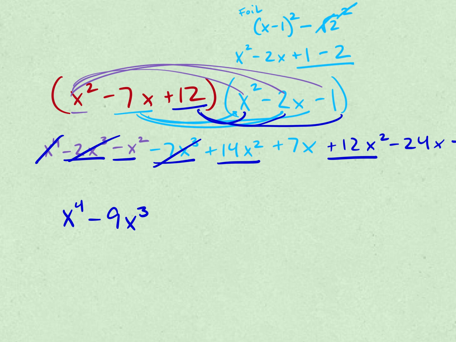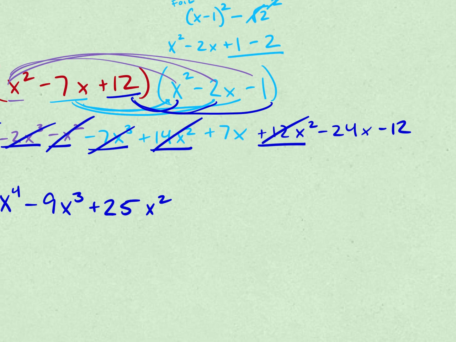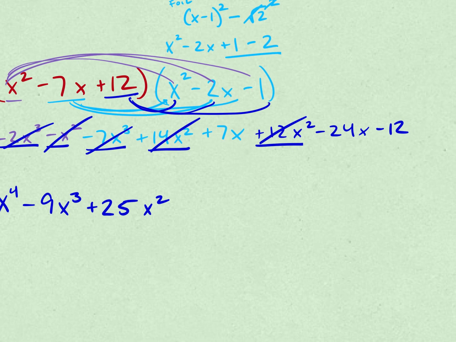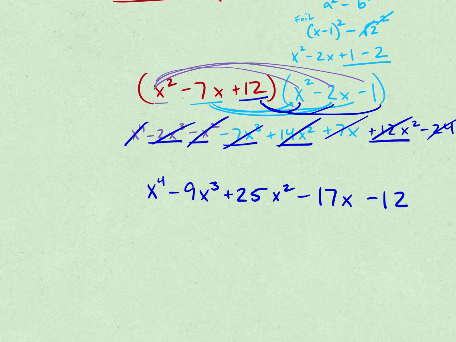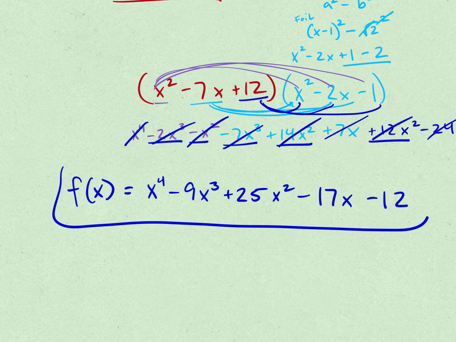So it'd be 13x squared plus 12x squared be 25x squared. 7x minus 24x be negative 17x minus 12. And then we have to name our function, so f of x equals this.